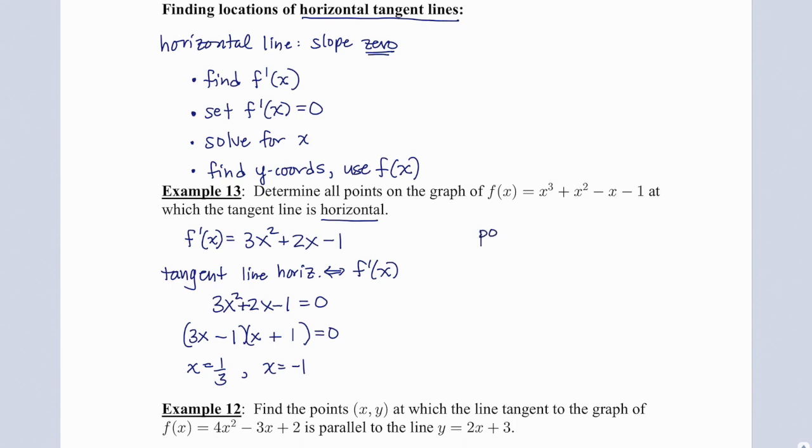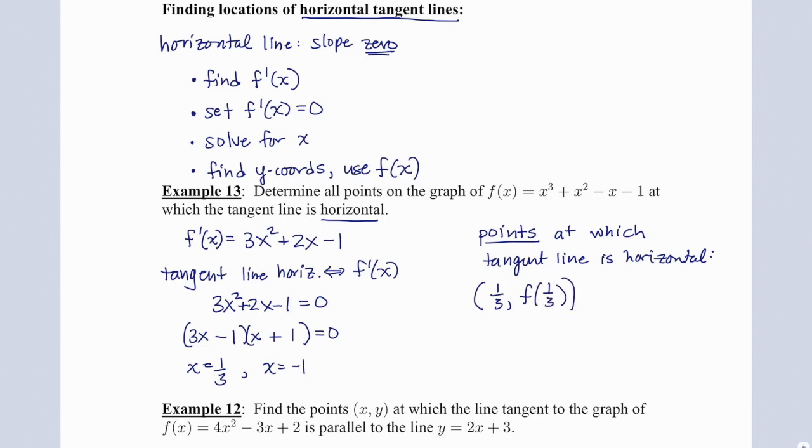So the points at which the tangent line is horizontal would be 1/3 and then f of 1/3 to find the y-coordinate, and -1, f of -1 to find the y-coordinate.